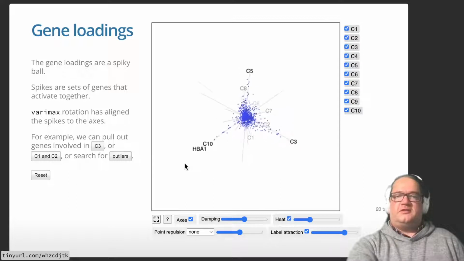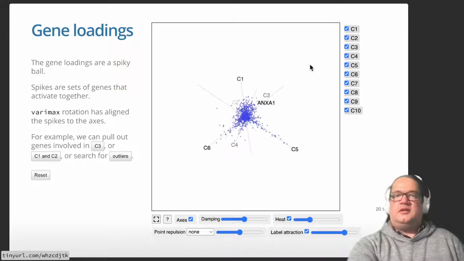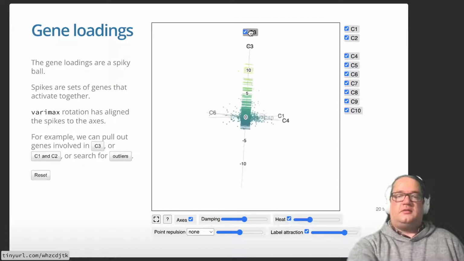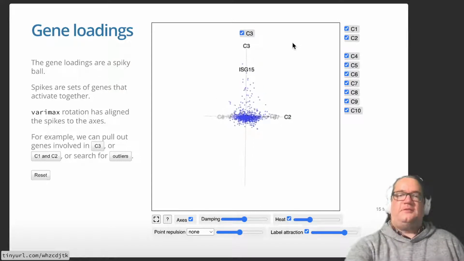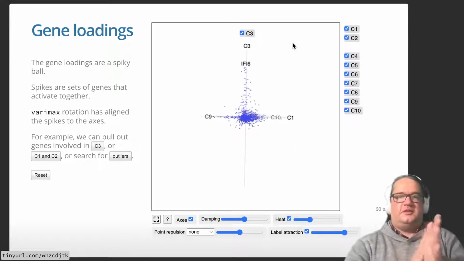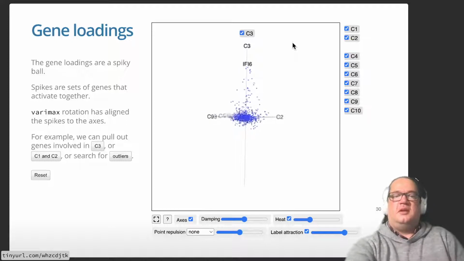So we were looking at C3 in particular. And what varimax rotation does is all these spikes in the loadings, it aligns to a particular component.